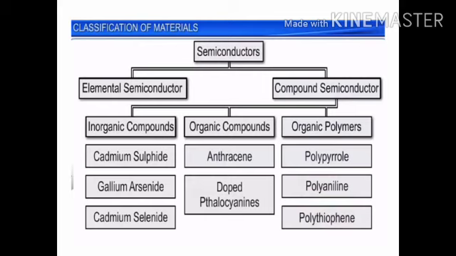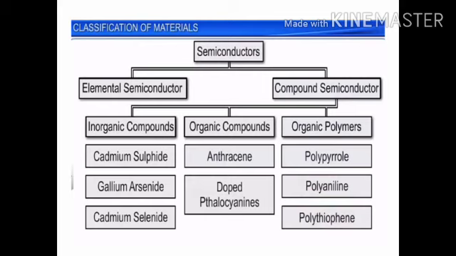These compound semiconductors are further classified into inorganic compounds, organic compounds, and organic polymers, which you are studying in your chemistry classes. What are inorganic compounds? Examples are cadmium sulfide, gallium arsenide, and cadmium selenide. They are nothing but mixtures of elements.